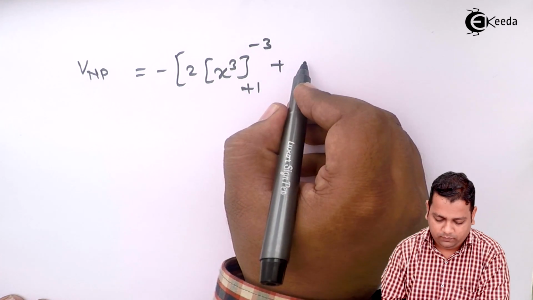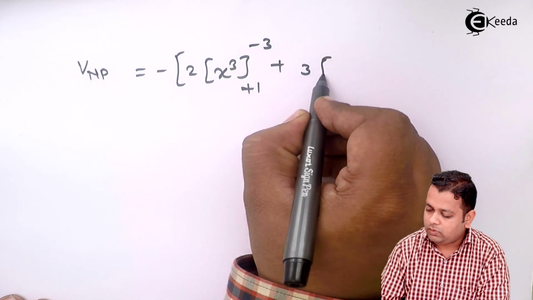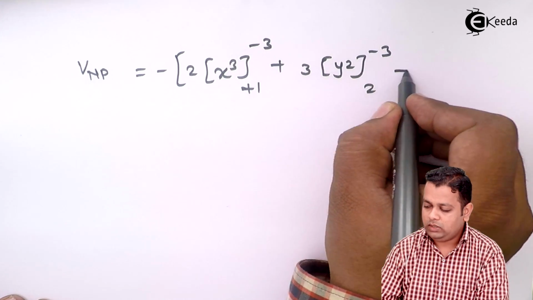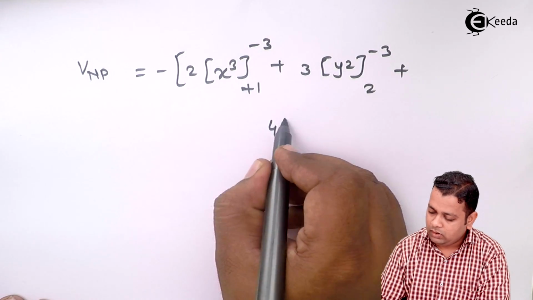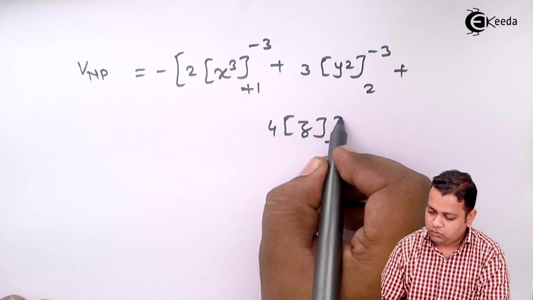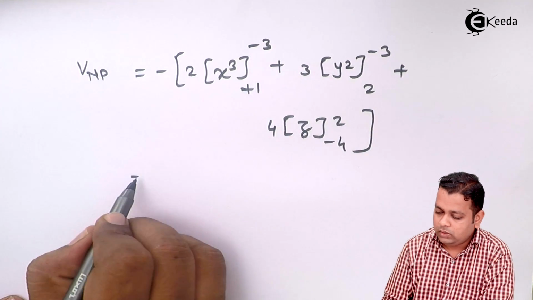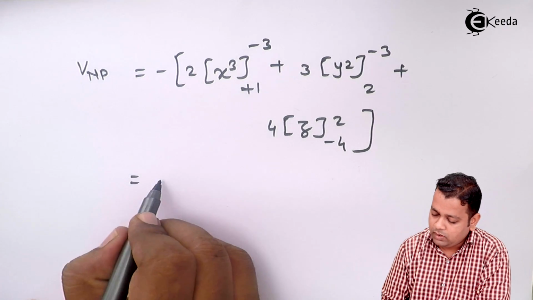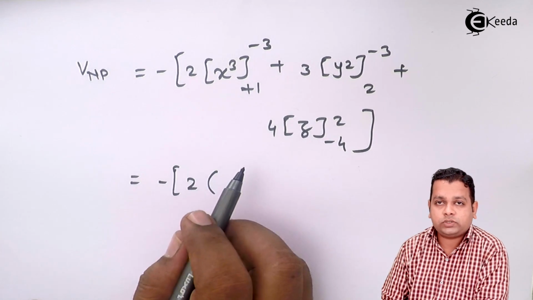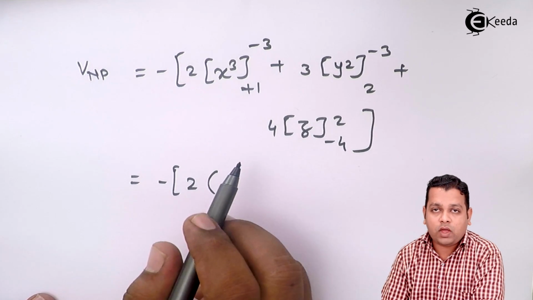The second term will be having 3 y square with the limits 2 to minus 3. The third term will be having 4 z with the limits minus 4 to 2. So this way we have applied the limits to the terms of x, y and z.